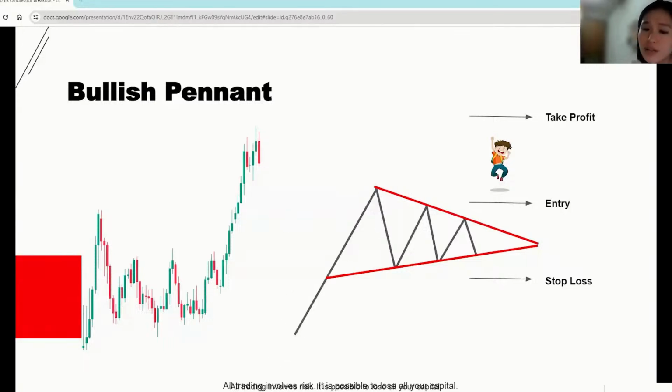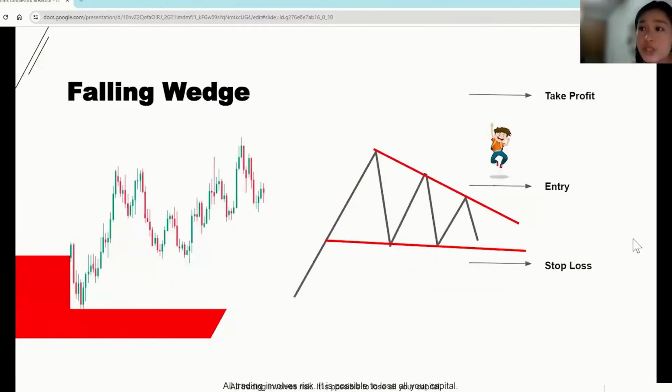Whereas if we go back and look at our wedge, I guess here we also have that flagpole in this animation. But if you actually look at the price, we don't really have that flagpole. It just straight away starts as the bottom line and your upper line. Okay, but yeah, they are pretty similar.